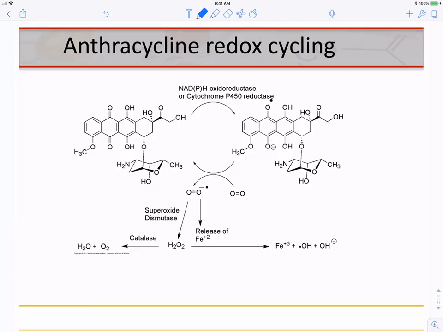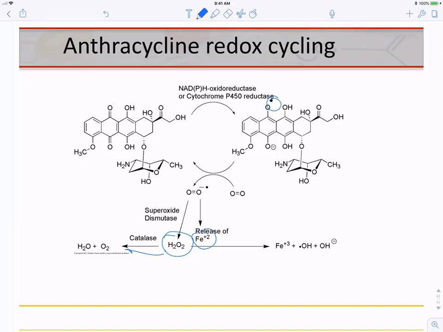So as we say, the mechanism of toxicity is due to what we call redox cycling. That is the fact that we can oxidize the ring to form a radical, and then in the presence of oxygen we release a bunch of superoxide, iron 2, and that needs to be basically taken care of by catalase.